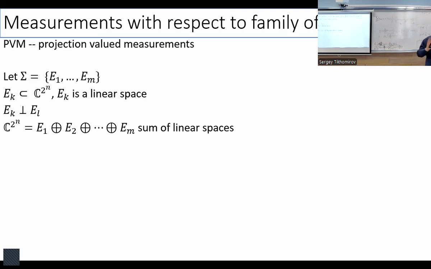Our usual direct sum of linear spaces, such that they are pairwise orthogonal and have empty intersection. There could be 2, 3, or 10 of them. But they are pairwise orthogonal, and they give as a sum the whole space.